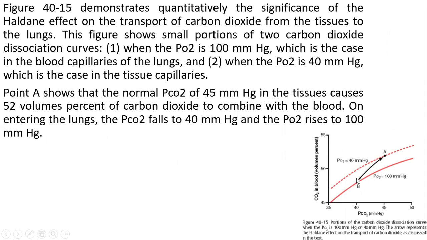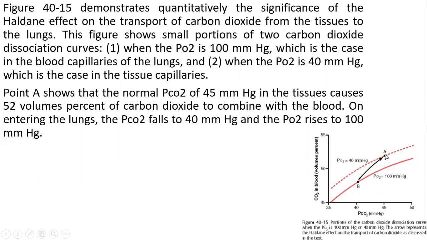The figure shows a small portion of the two carbon dioxide dissociation curves. أولا اللي هو when PO2 is 100, هاي تشوفوها, which is the case in the blood capillaries of the lungs. والنقطة الثانية اللي هي when PO2 is 40 millimeter mercury, which is the case in tissue capillaries. هذا هو بالlung side وهذا هو بالtissue side.